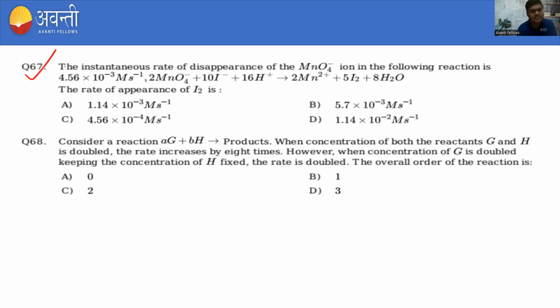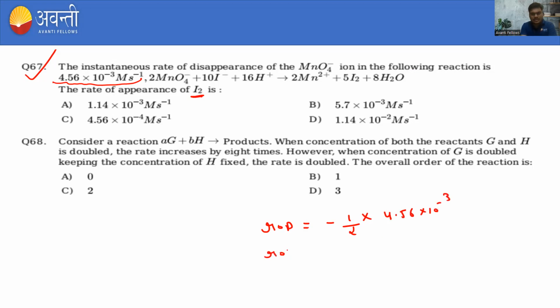Now, next question is question number 67. That is, the instantaneous rate of disappearance of MnO4 in the following reaction is given as 4.56 into this, and the reaction is this, and the rate of appearance of I2. So we know from the rate of reaction, that is, the rate of disappearance of MnO4, we can write as minus 1 by 2, and the value is given, that is 4.56 into 10 power minus 3.